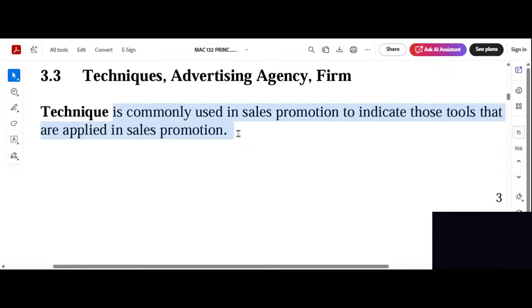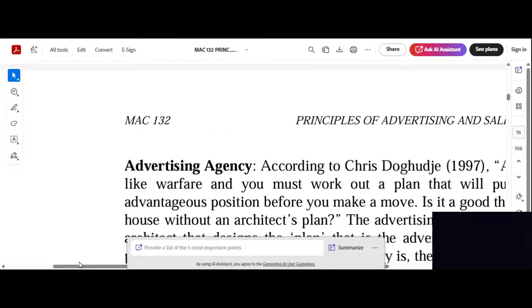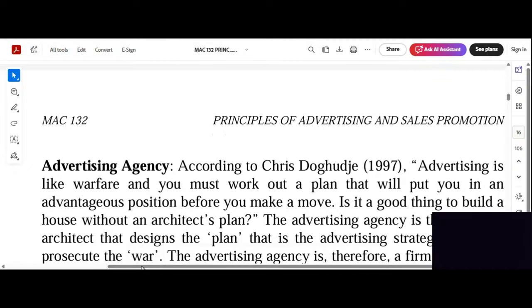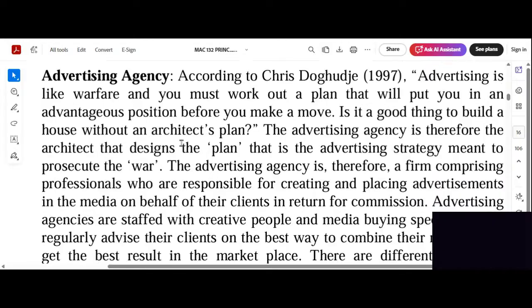The tools you use to carry out your sales promotion is what we call techniques. You must be careful not to interchange techniques for strategy. Techniques are tools, strategies are plans. You should know the difference.